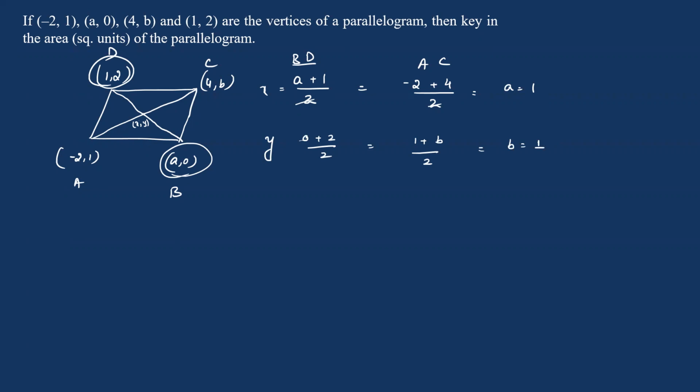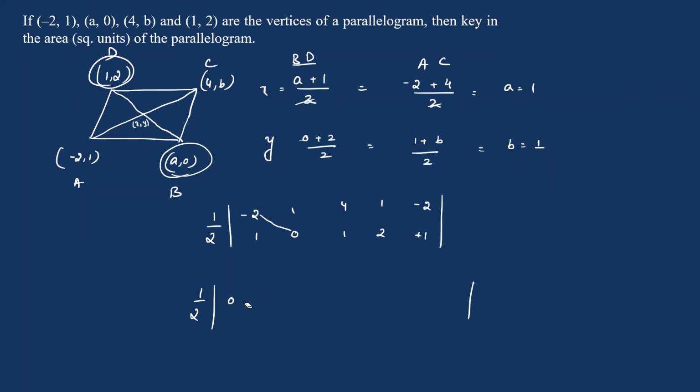Now, if I want the area of a parallelogram, the area of a parallelogram would be half, clear, mod of, I take x1, y1, x2, y2, x3, y3, x4, y4, and again x1 and y1. So this becomes half mod of -2 into 0 is 0. Clear?